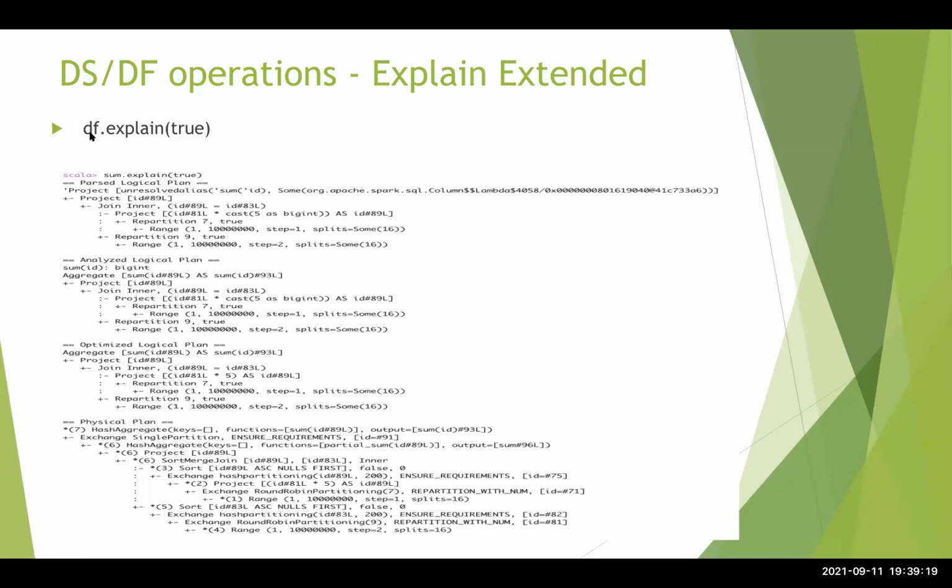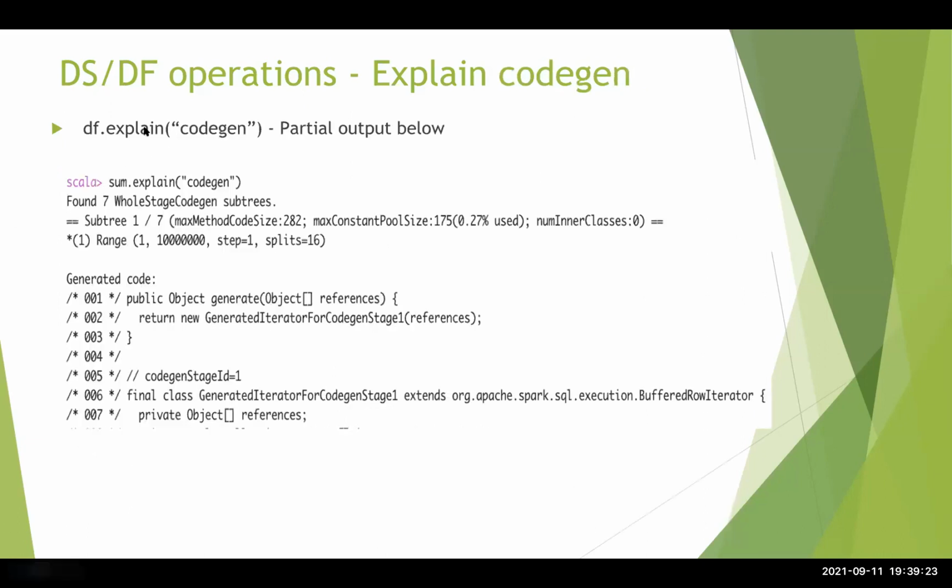When you say explain true, it prints all types of plans. When you print explain codegen, it will print the code which got generated, right? Your Spark job, this data frame, is generating some code internally. We saw the logical plan, optimized logical plan, and then physical plan, and after the physical plan, it generates the code.